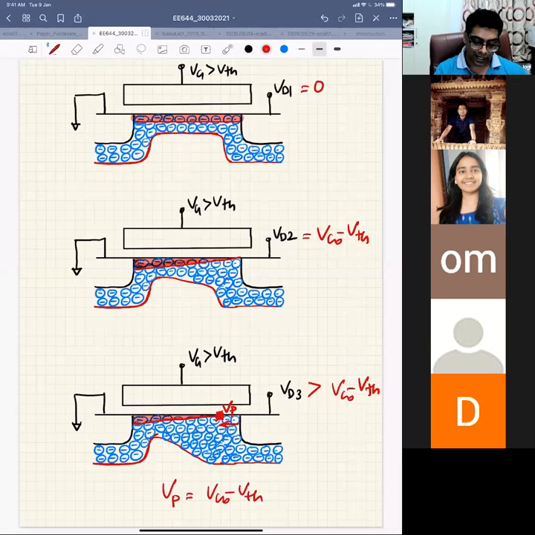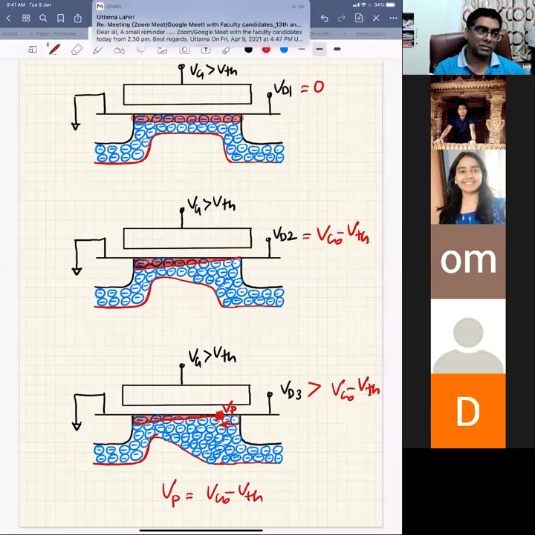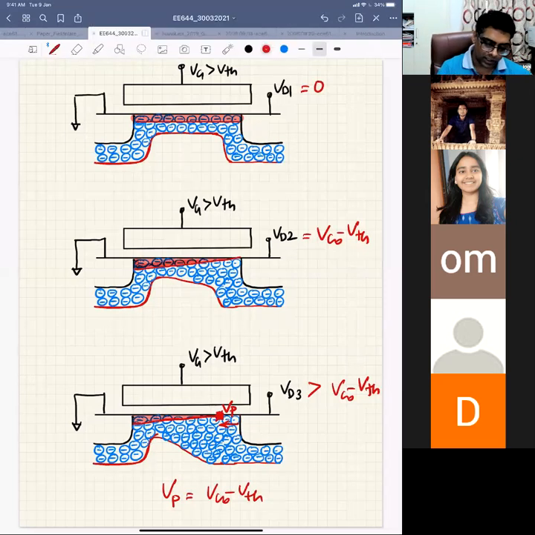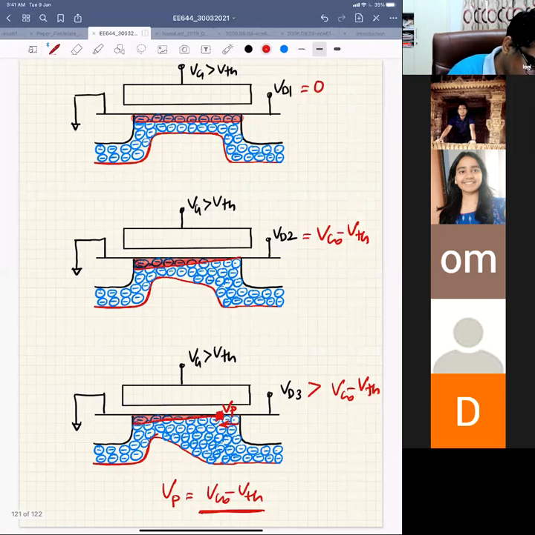So that's the end of the inversion layer. Your pinch off point is nothing but the end of the inversion layer, and at the pinch off point the voltage is always VGS minus VTH, right?